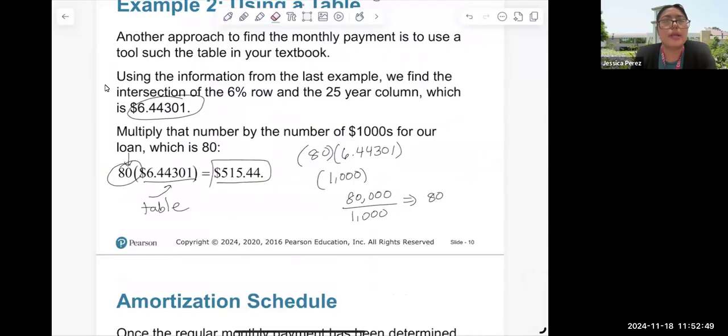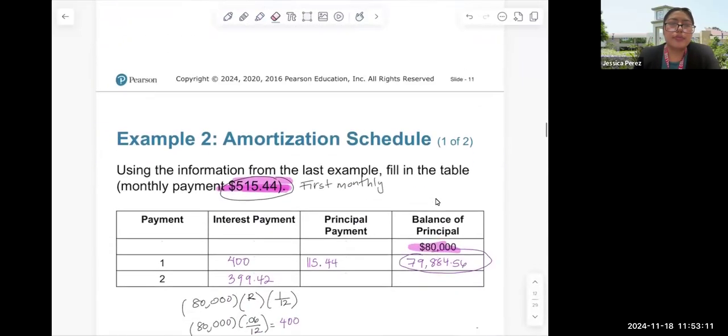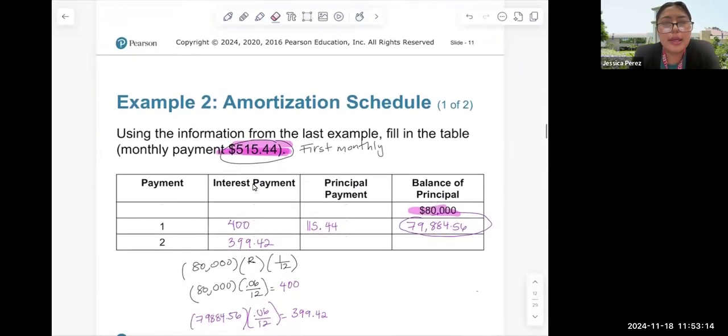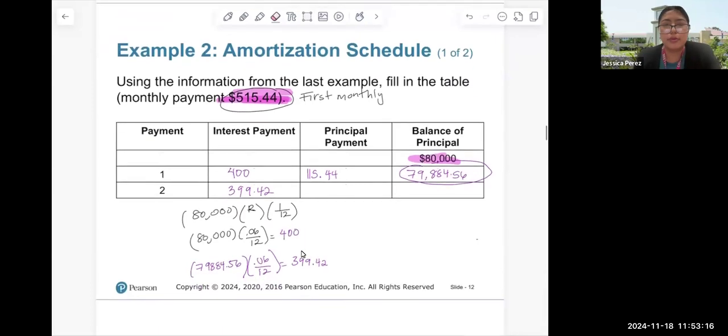How we did this was we saw the 6% under the monthly mortgage and we got 6.44301, which we multiplied by 80, which gave us the 515.44.